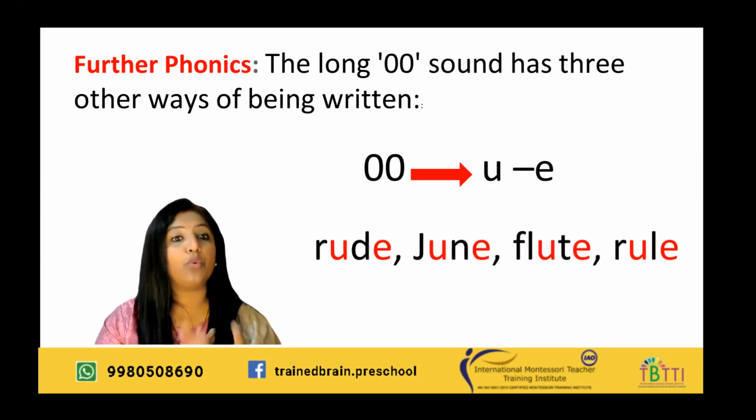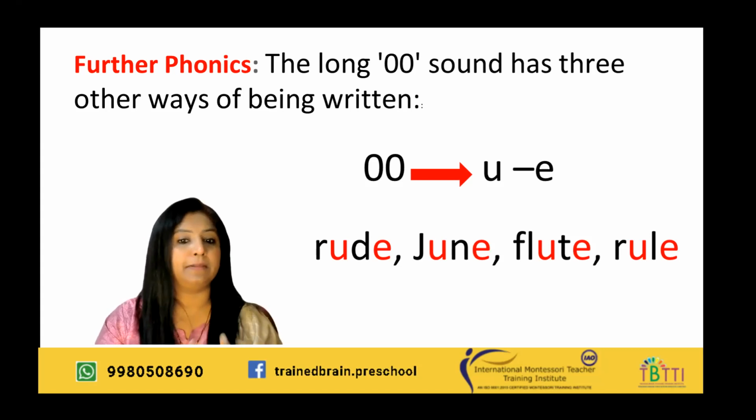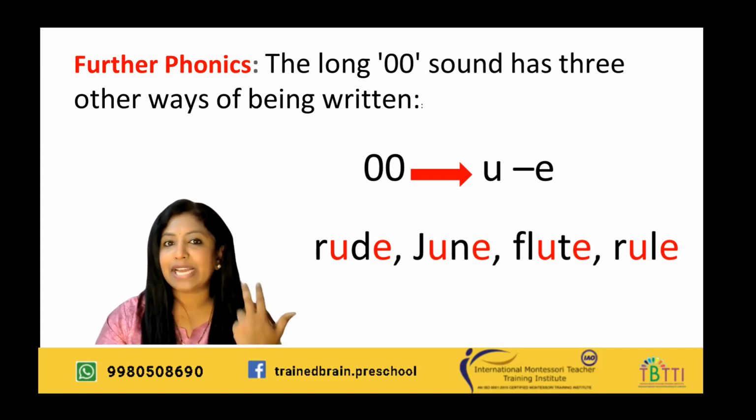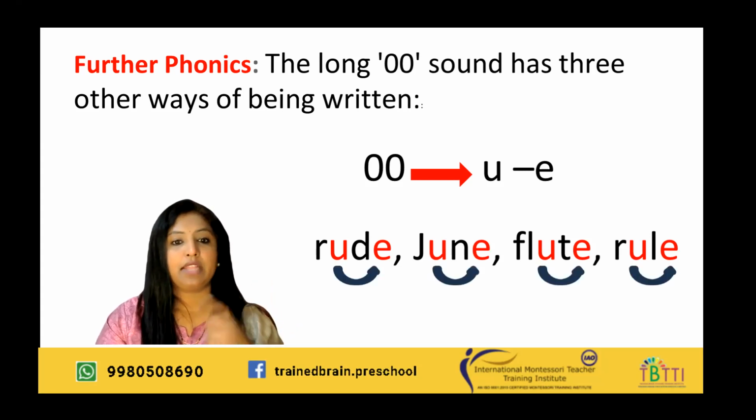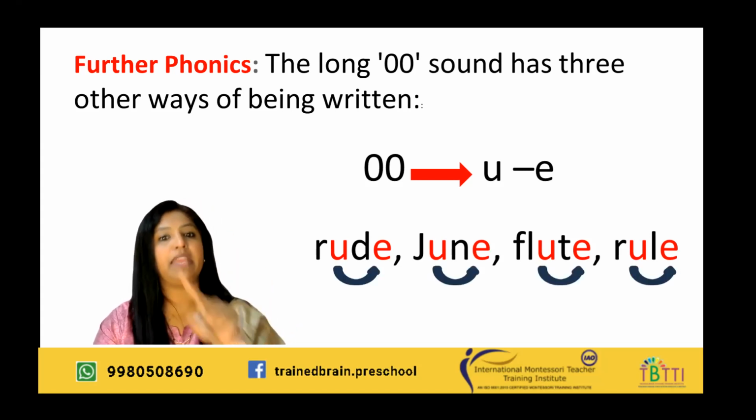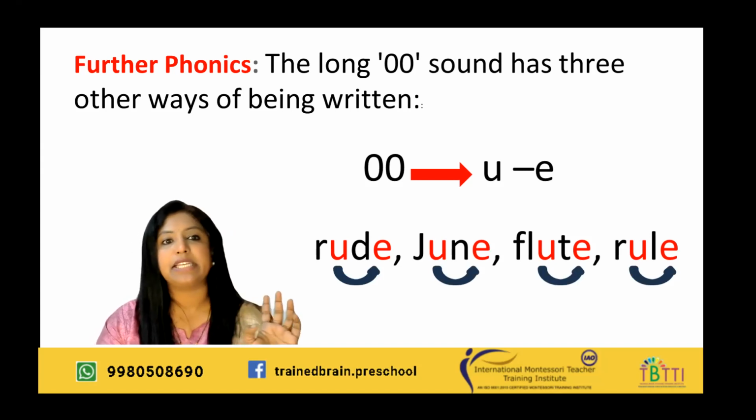Words like rude, June, flute, rule. They make the same sound. Can you get that now? We don't say U and E as U, right? So this is how you will be working with my split digraph.